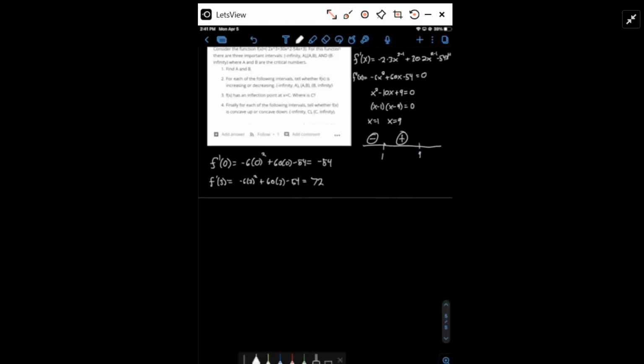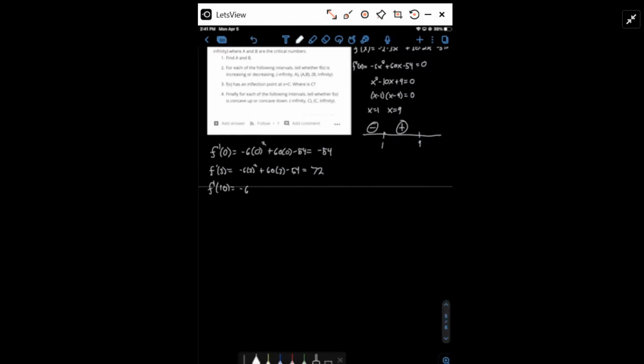Now we'll pick a number that's greater than 9. So we'll do 10. F prime of 10 equals negative 6 times 10 squared plus 60 times 10 minus 54.